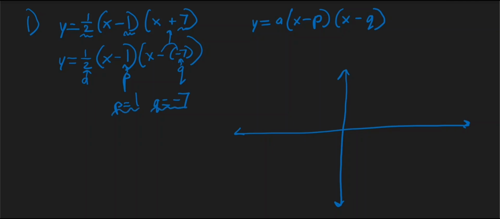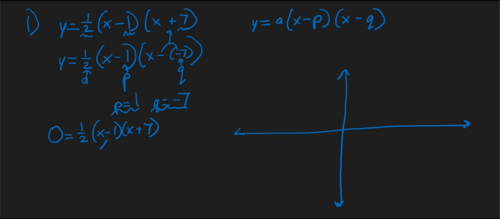And if you want to think of it as the x-intercept process, then if you solve for the x-intercepts manually, that would be 0 equals 1/2 times the quantity of x minus 1 times x plus 7. We already know what the value of p and q is, but if you want to get it using the zero product property, it's the same idea.